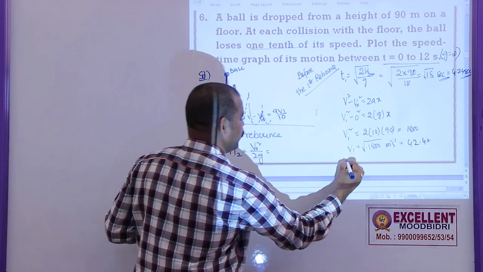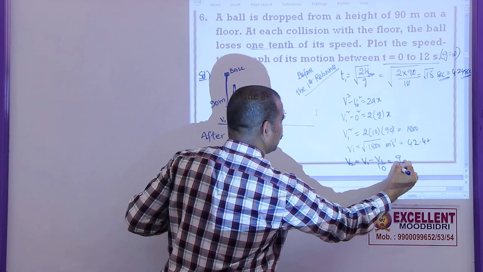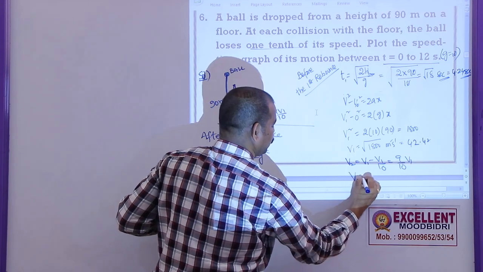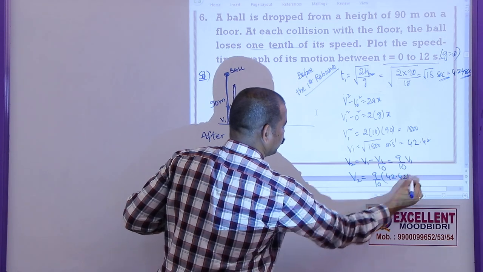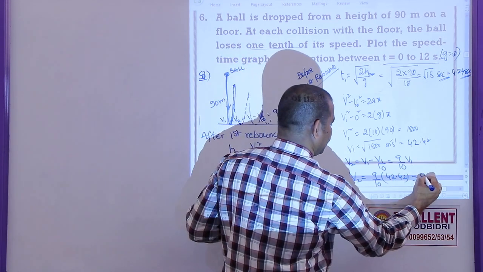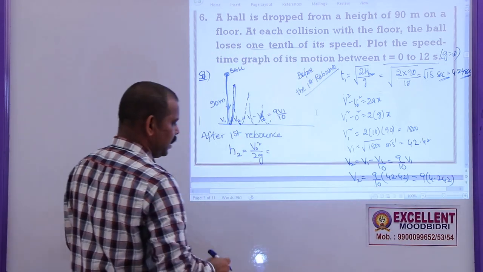So, what is v2? v2 is given by v1 minus v1 by 10, that is 9 by 10 v1. So, v2 is given by 9 by 10 into 42.42. So, this will be 9 into 4.242. So, that is the velocity.